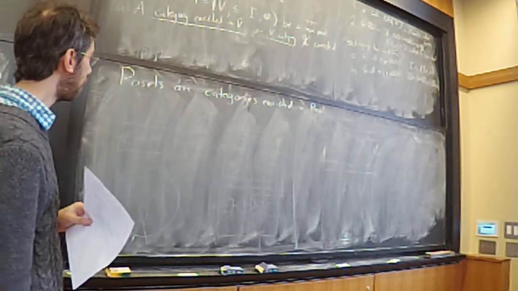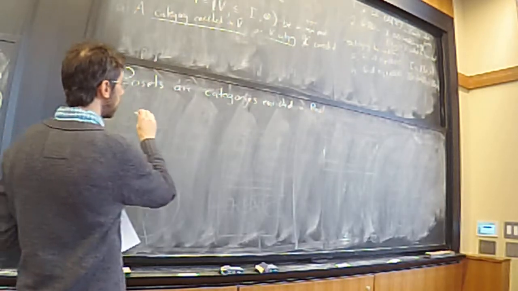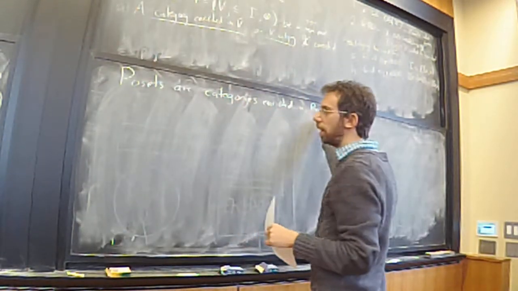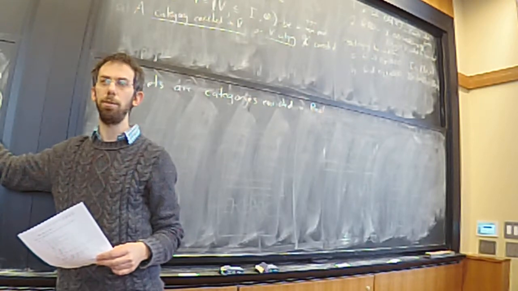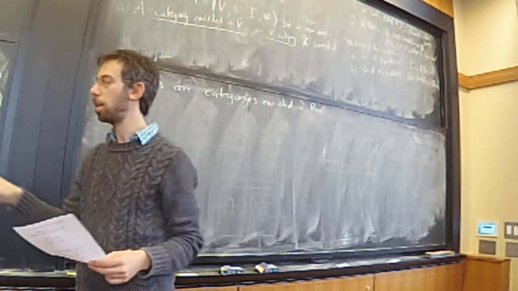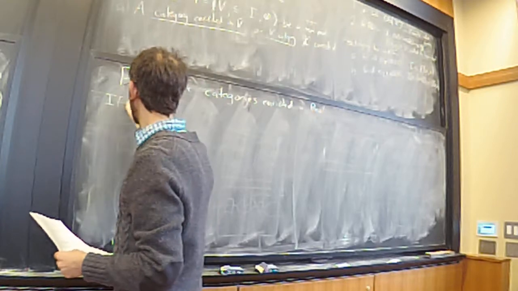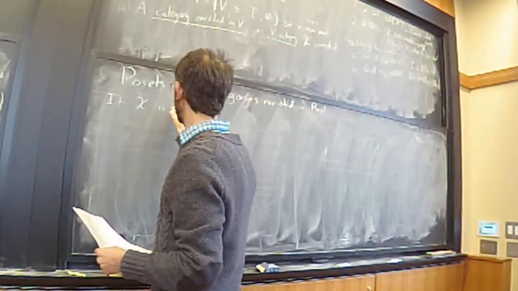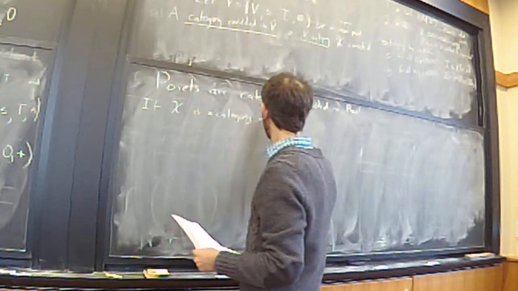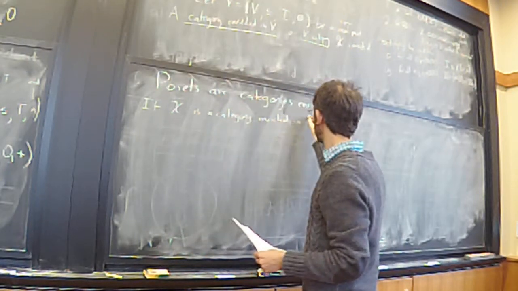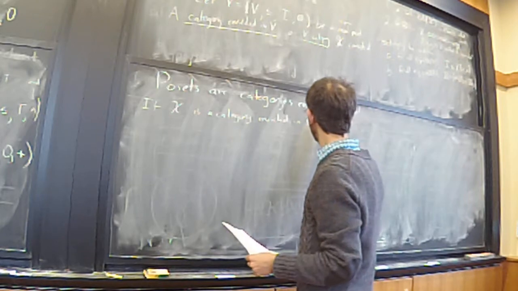I said what a category enriched in Bool is, so let's go through it and see if we get back posets. So if chi, which I'm calling X, is a category enriched in Bool, what are the rules?